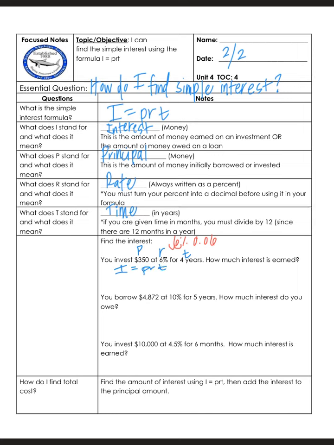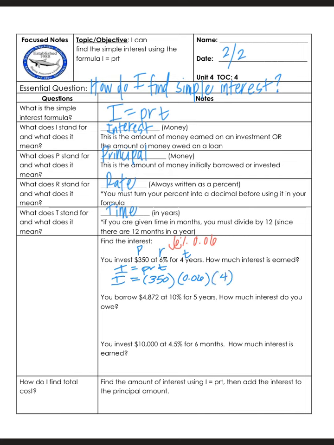And we're going to go ahead and plug in the information that we have. So we have P, which is 350. We have our rate, and we're going to write the decimal, 0.06. We have time, which is 4.